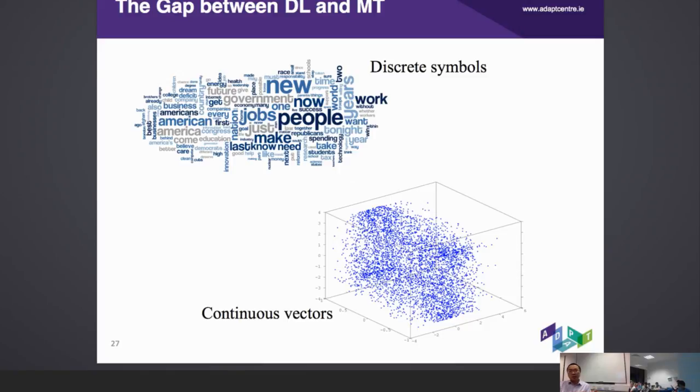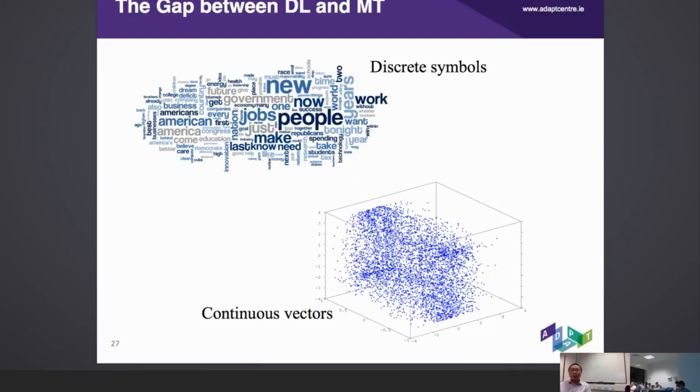Each sentence is represented by a sequence of words. So we can say that the translation task itself is defined in a discrete space. In this space, every word is a discrete symbol.